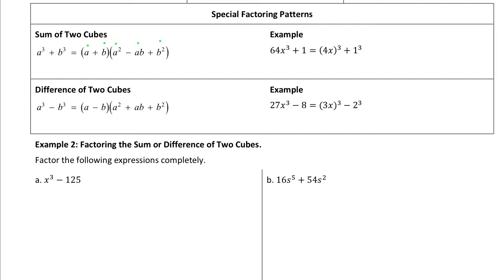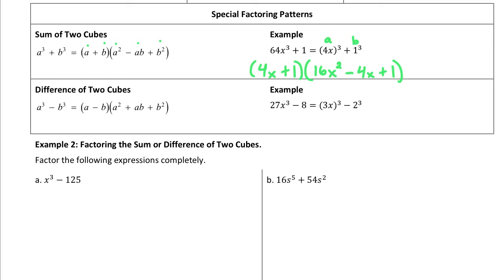So in this case, 4x is A and 1 is B. I would write this as (4x plus 1), and then I would take that 4x and square it, so that would be 16x squared, minus 4x times 1, which is 4x, plus 1 squared, which is 1.